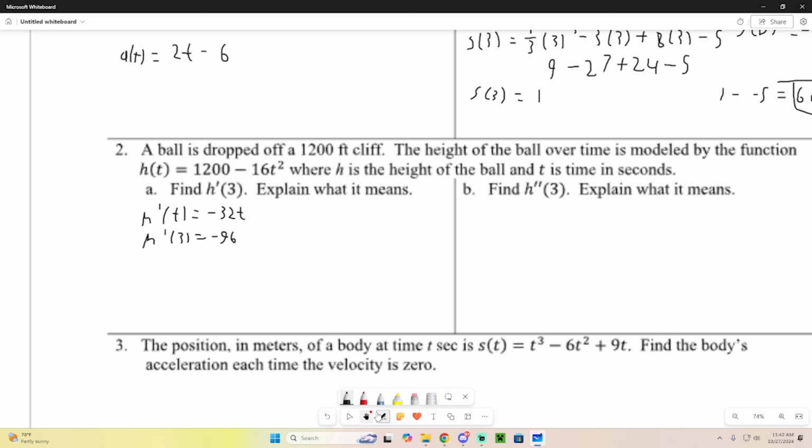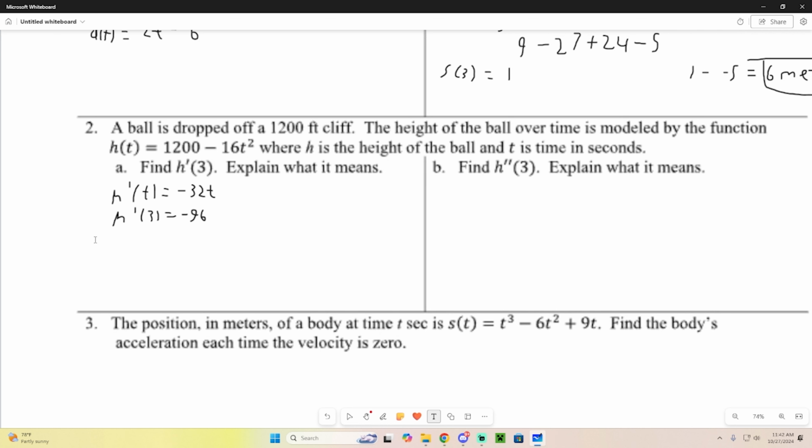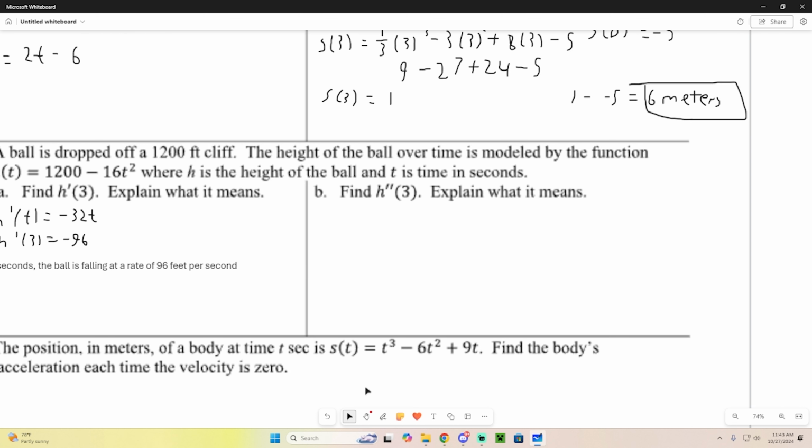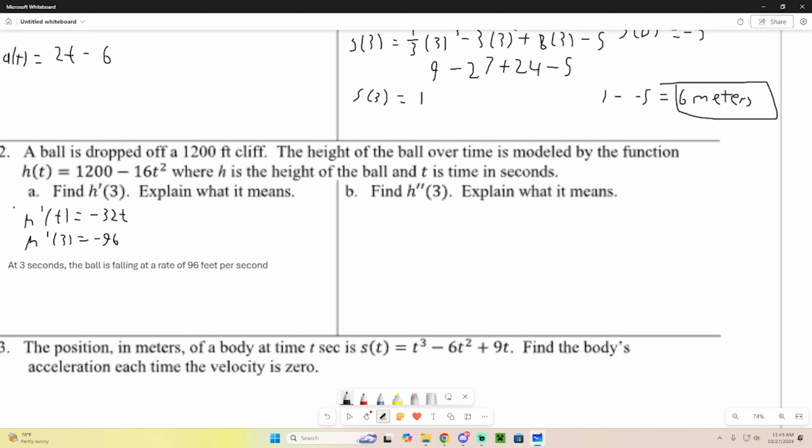So explain what it means. We just write a little something. At 3 seconds, which is our independent variable, the ball is falling at a rate of 96 feet per second. And that's what we have to write. Now we find h double prime of t. We take the second derivative of this, which is just the derivative of this, which is negative 32.